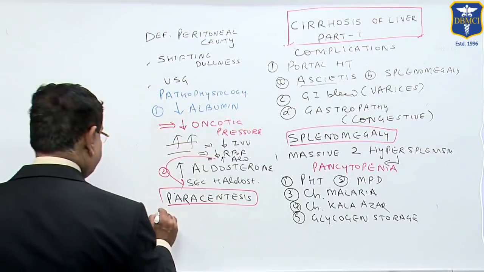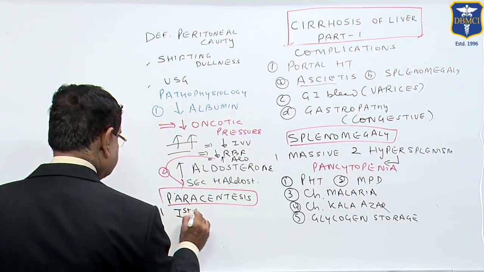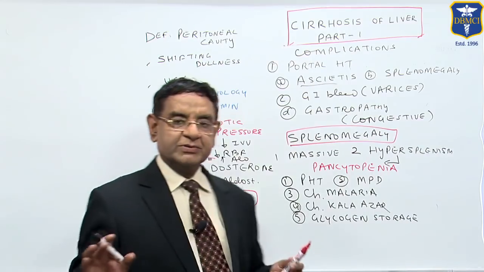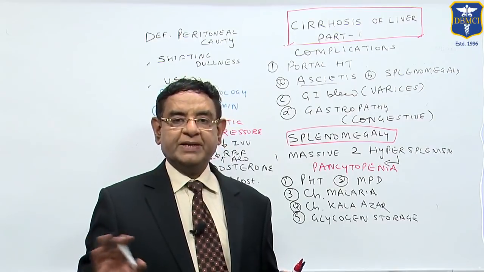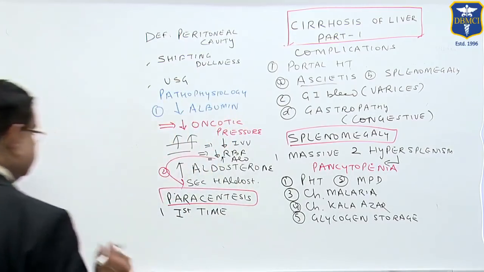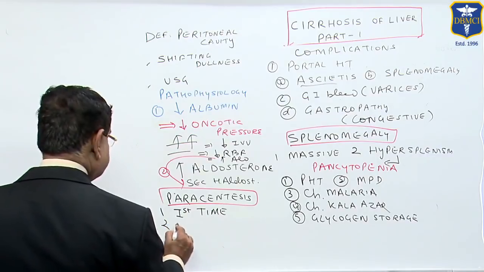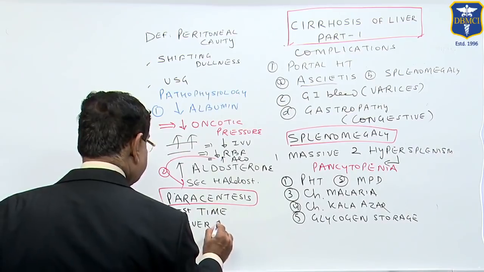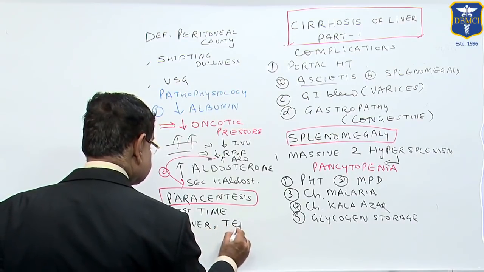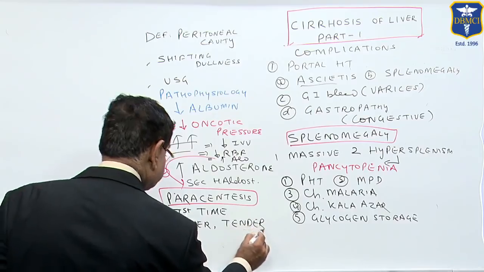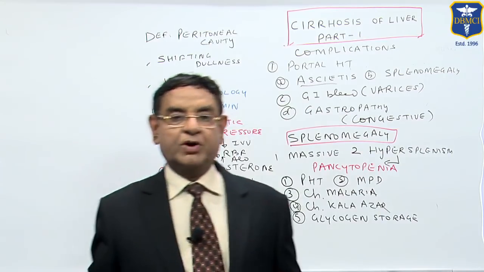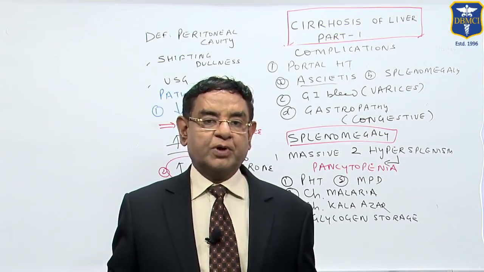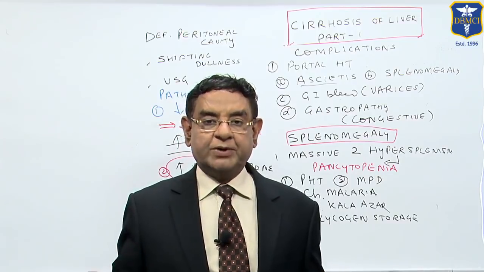Patient coming to you for the first time, you tap it, but if the diagnosis is confirmed, then you need not do the repeat tapping every time. Second, if the patient develops fever with abdominal tenderness, you must aspirate the fluid because perhaps the patient has developed spontaneous bacterial peritonitis.